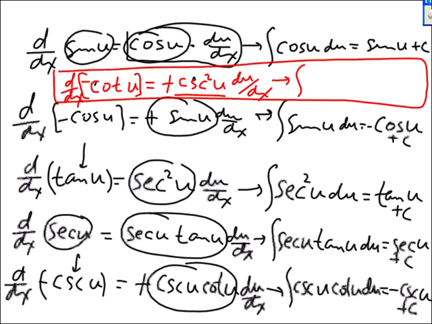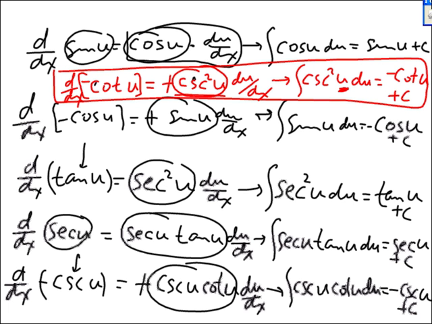That is the integral of this times du is equal to negative the cotangent of u plus c.